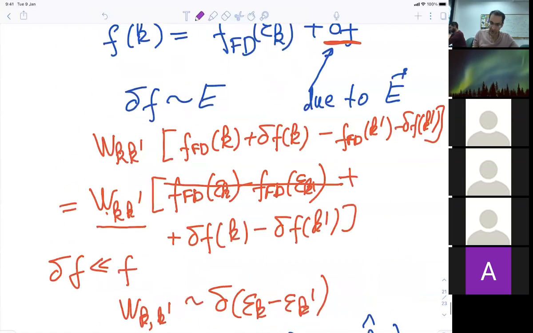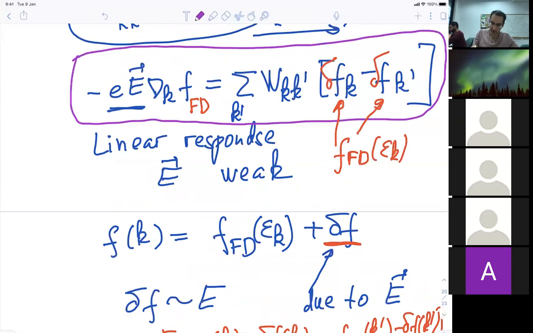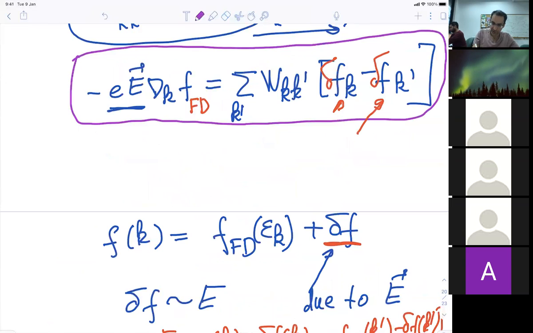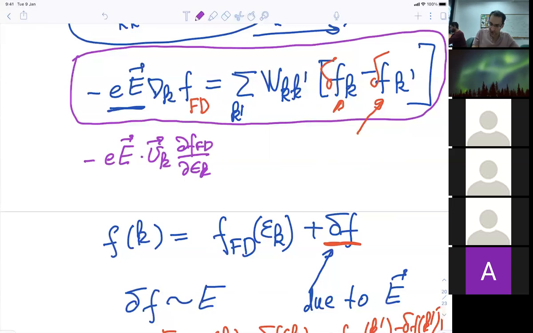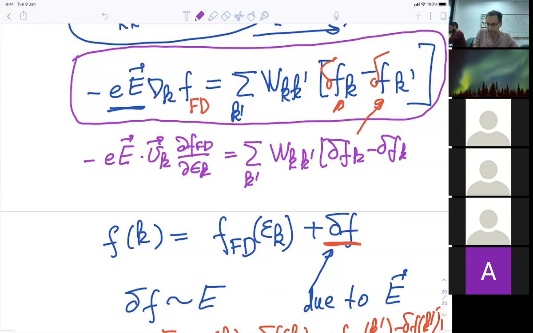Therefore, the left side of this equation is just E, the electric field, times velocity in the direction of k, df Fermi-Dirac over d epsilon k, and this is something restricted to the chemical potential. And it's equal to the sum over k prime, W k k prime, delta f k minus delta f k prime.